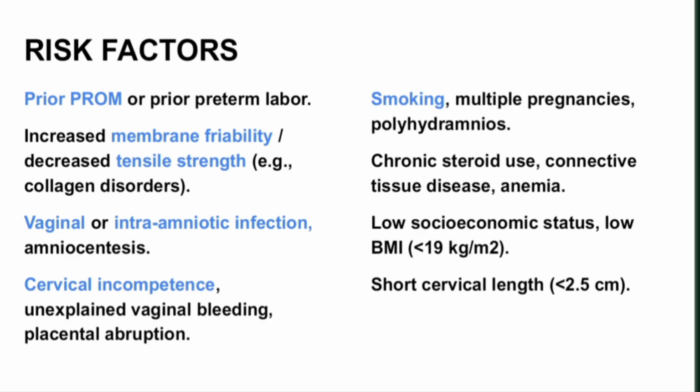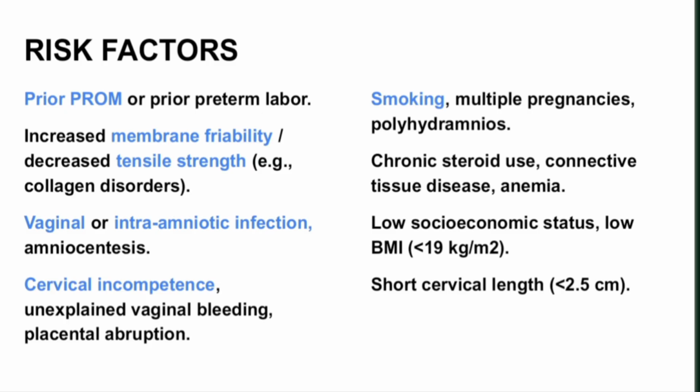Other things you need to consider are unexplained vaginal bleeding and placental abruption. The other risk factor is smoking. Smoking causes rupture of membranes because it affects the production of collagen.